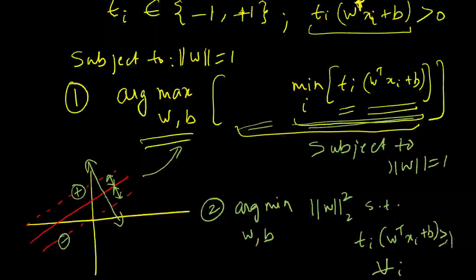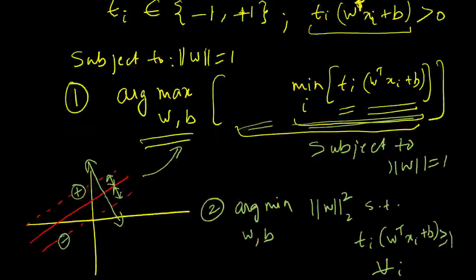That means for all points, this signed distance will be at least 1, and it will be exactly 1 for the points that are on the margin. Okay, for all other points it will be more than 1, but I will stretch the space between the points on the margin by increasing W.